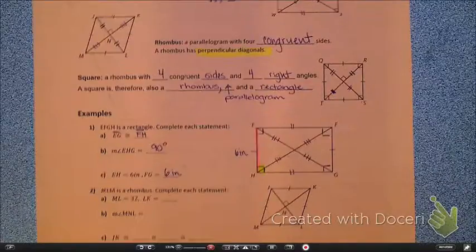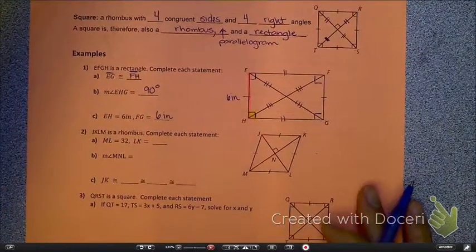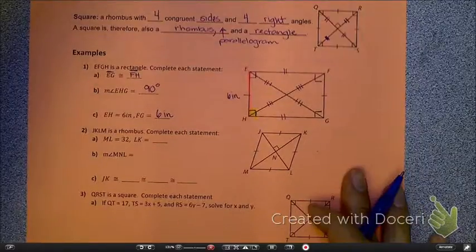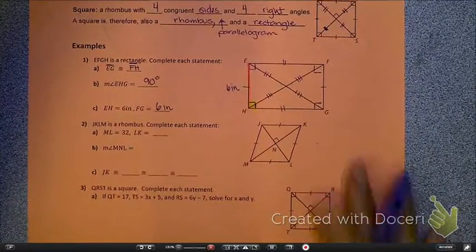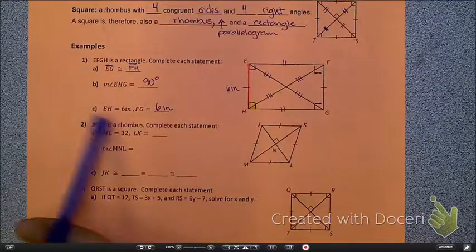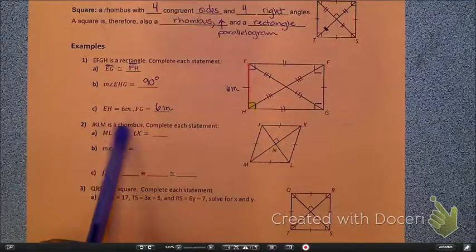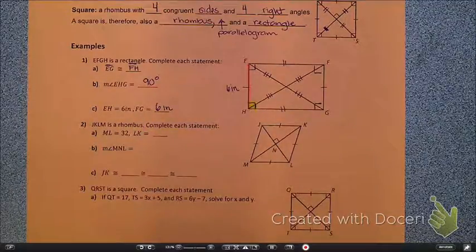All right, let's take a look at the next part. All right, so on number 2, it's telling you that we're working with this figure over here, which is a rhombus. Okay, so all of the properties of a rhombus apply. So it says complete each statement.